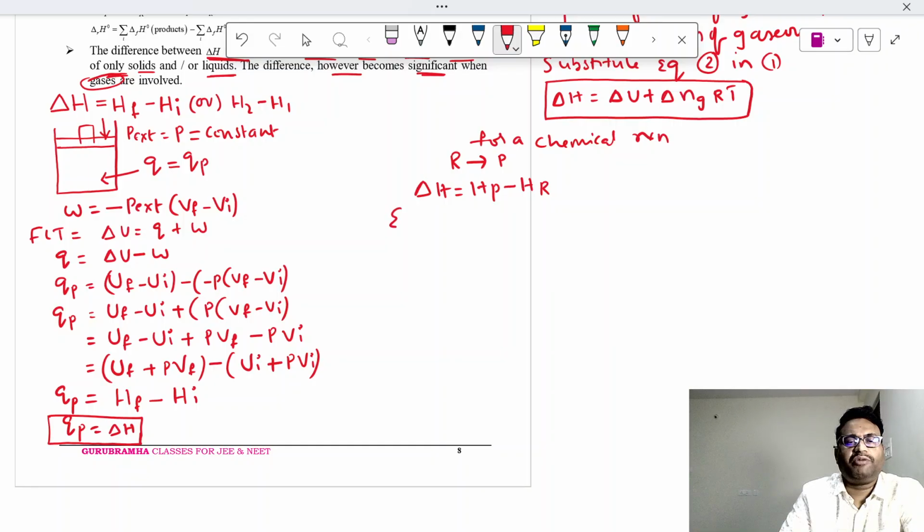So for exothermic reactions, HR will be greater than HP. That means the enthalpy of reactants will be greater than the enthalpy of products. That means reactants give rise to products plus some energy.